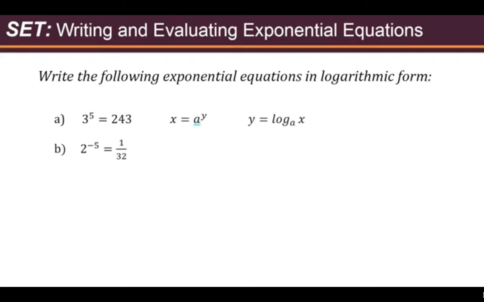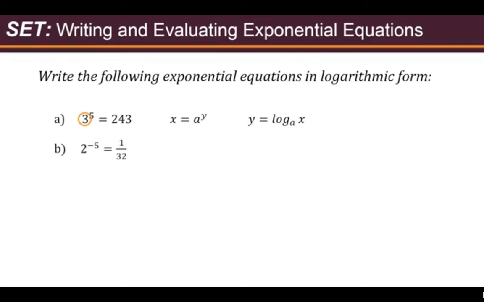Notice that the base of the exponent is the same as the base of the logarithm. Therefore, for our first exponential equation, since the base is 3, we know the base of our logarithm is also 3. Next, notice that the answer to the exponential equation is the input of our logarithmic expression.